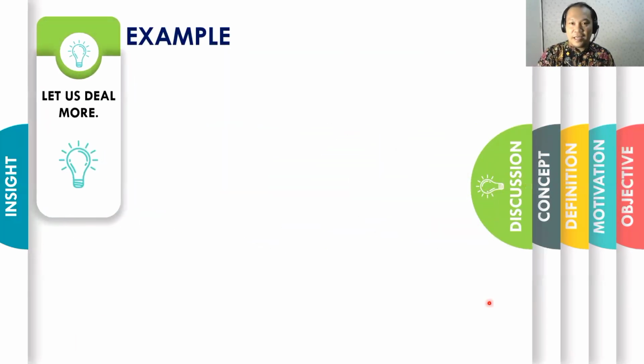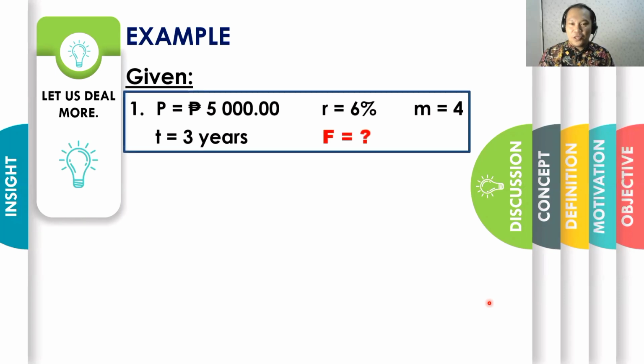Now, here is example number 1. Given, P is equal to 5,000. Our rate is 6%. Our conversion is 4, meaning this is compounded quarterly. Our time is 3 years and we are looking for the final amount or the maturity value.